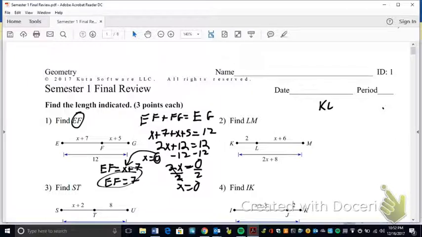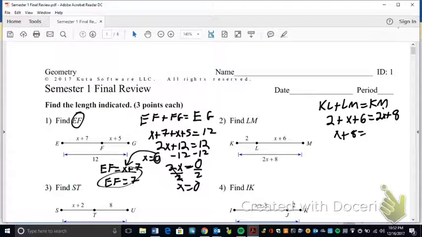You could also go back and check, I'll go back and check in just a minute. So we have KL plus LM equals KM. And that should make sense to you guys, just looking at it. The distance from K to L plus the distance from L to M is equal to the distance from K to M. So we plug our lengths in. 2 plus x plus 6 equals 2x plus 8.